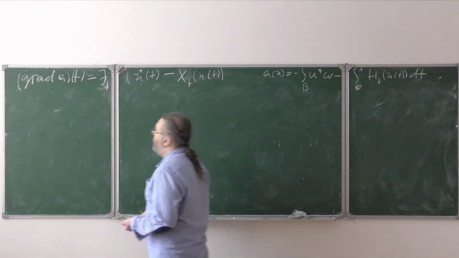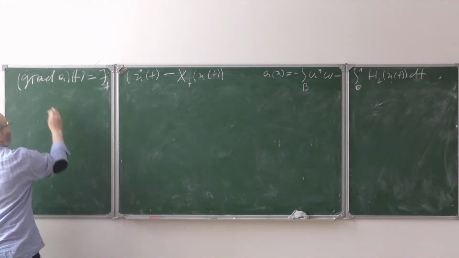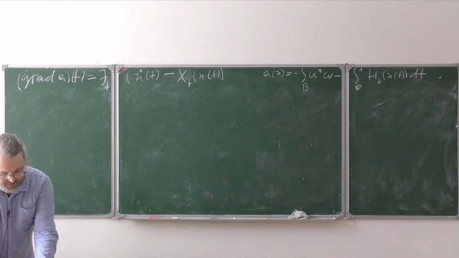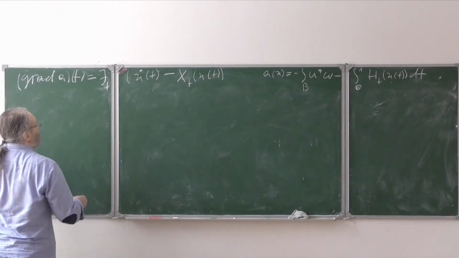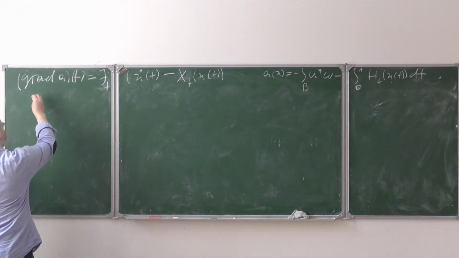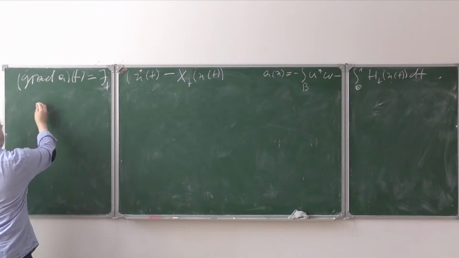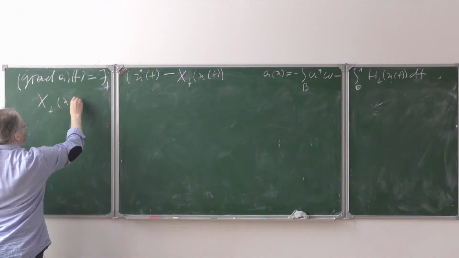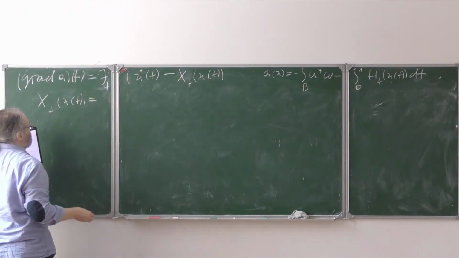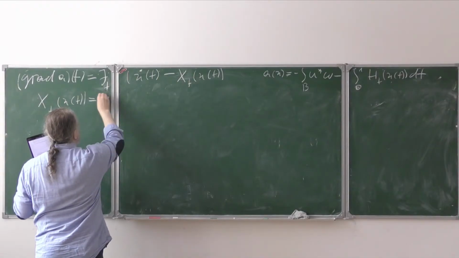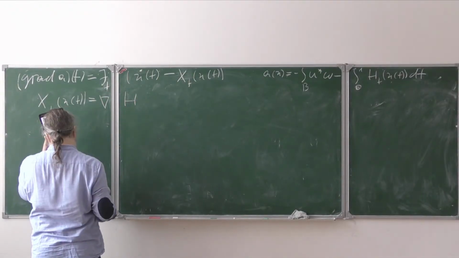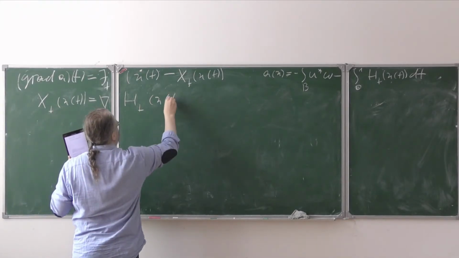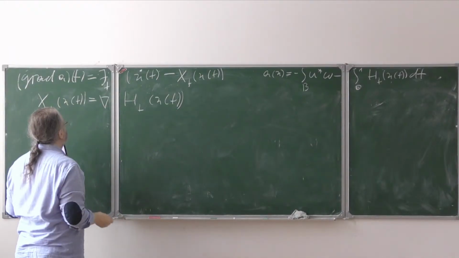Okay, well, let's see. So what Salomon says is that x_t taken at x of t is the same as the gradient of h_t taken at x of t.